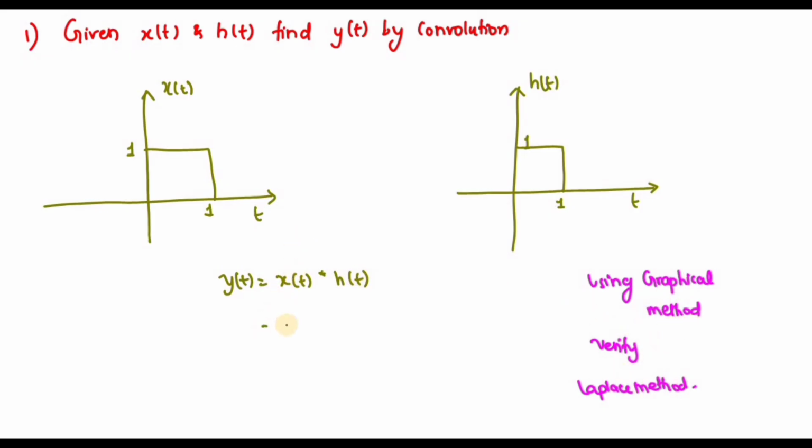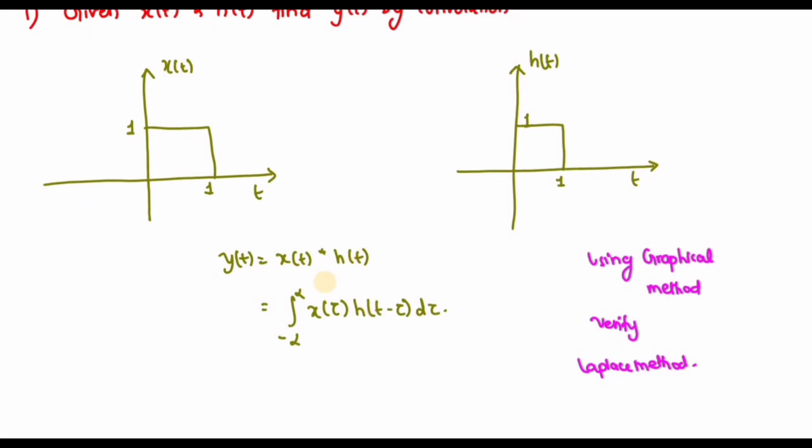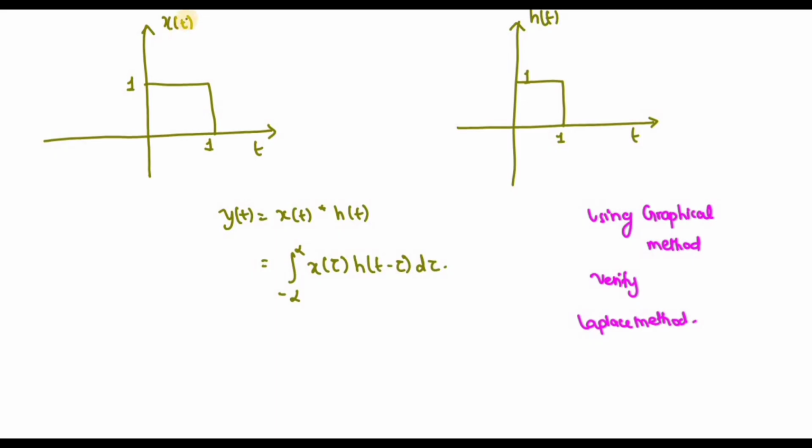Okay. So the formula is the integral from minus infinity to infinity of x of tau h of t minus tau d tau. First, since it is in the range of t, I'm going to convert it into x of tau.